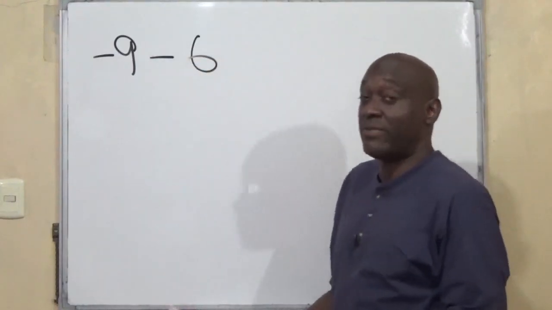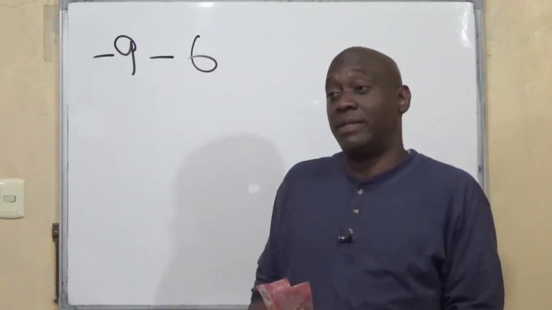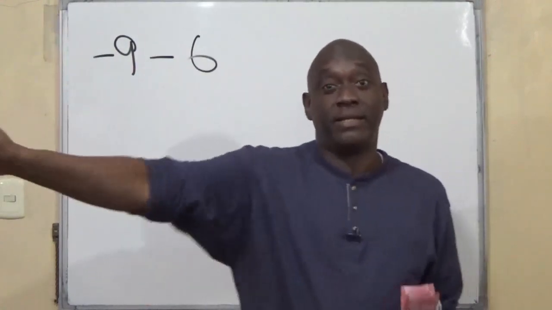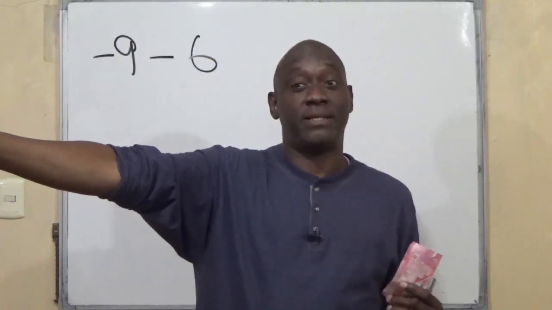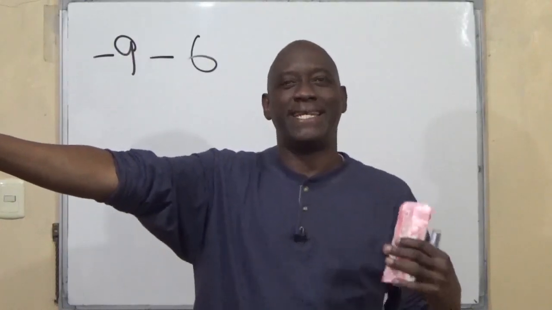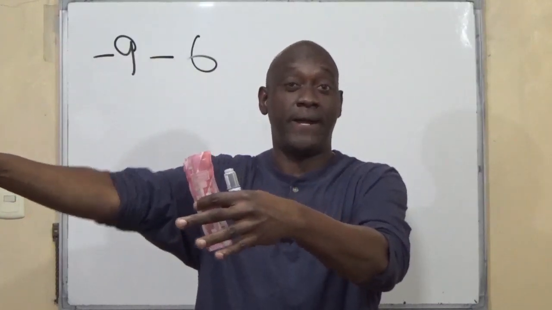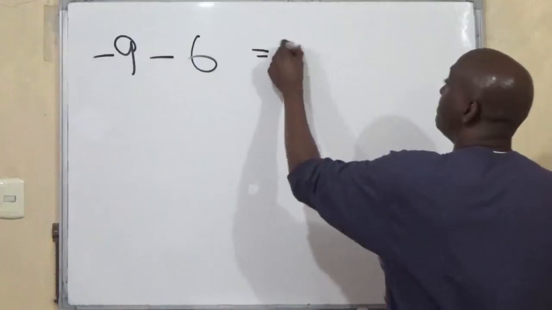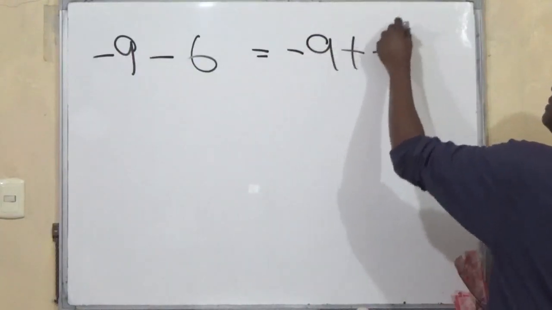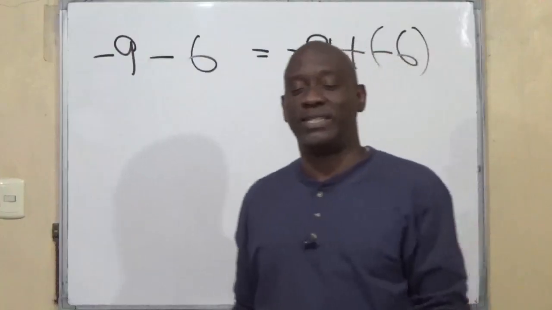So you're taking the 6 from minus 9. You're taking the minus 9, that's gone. And you're minusing 6 from the minus 9. So in other words, you're adding another minus 6 to the minus 9. Alright? So this is the same thing as minus 9 plus minus 6. Right? You start to feel it. And that's what I wanted to do. I wanted you to feel it.